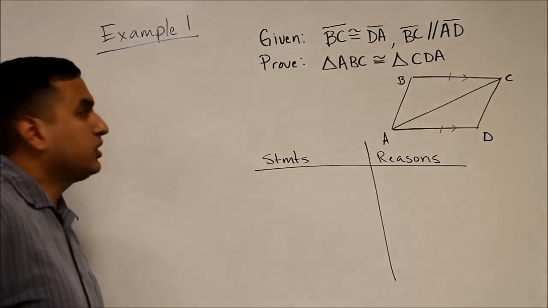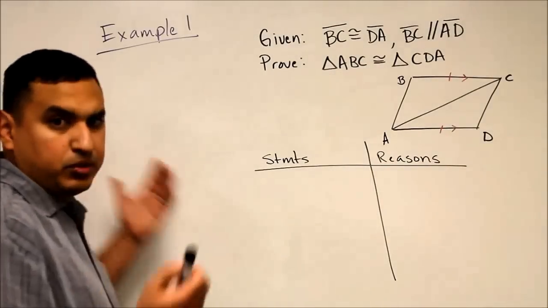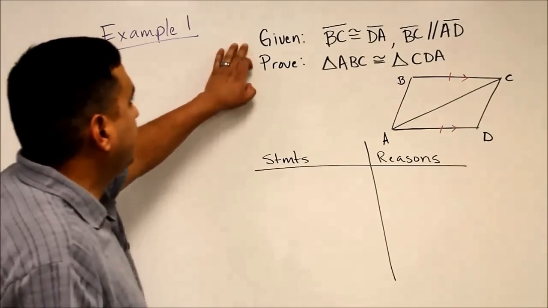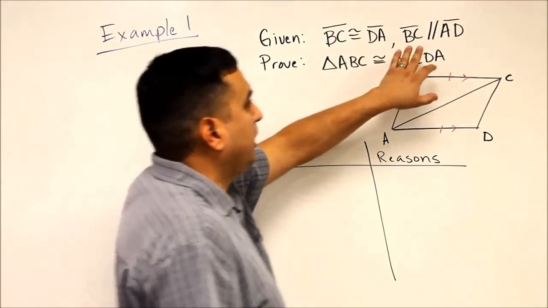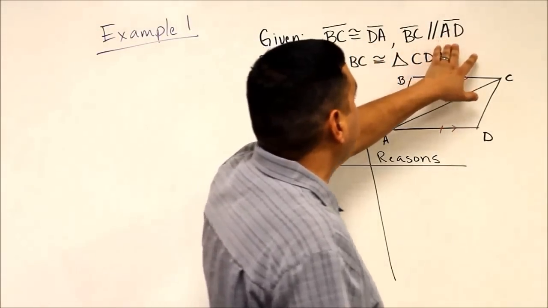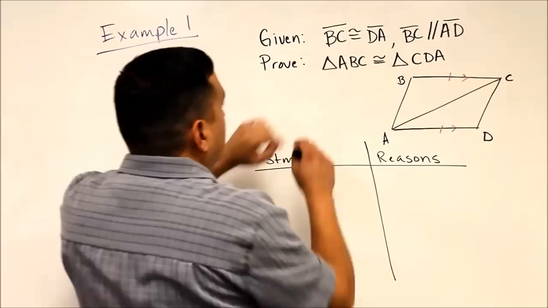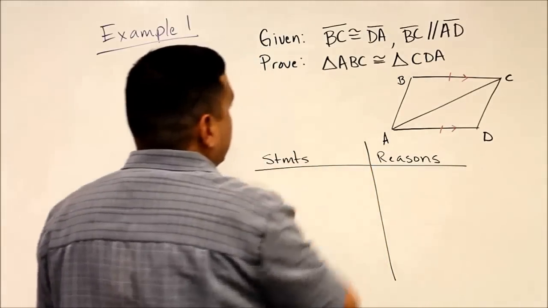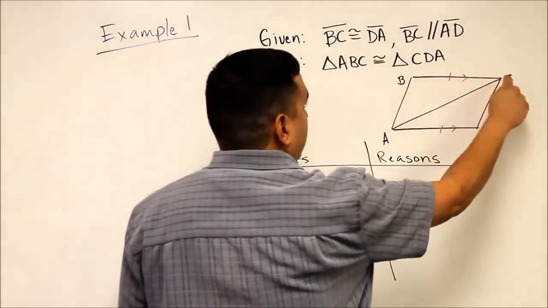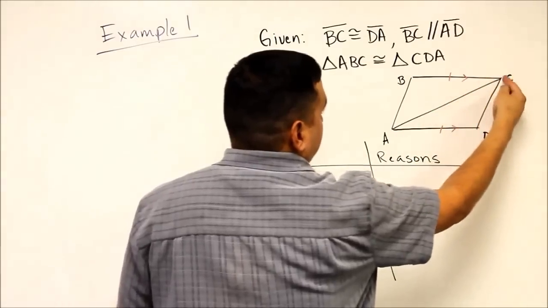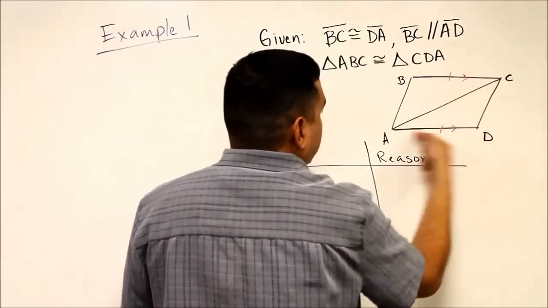Here's example number one. We have to do proofs on this. We're given that segment BC is congruent to segment DA, and segment BC is parallel to segment AD. We want to show that triangle ABC is congruent to triangle CDA. I have triangle ABC here on top, and down here, kind of flipped over, is CDA.